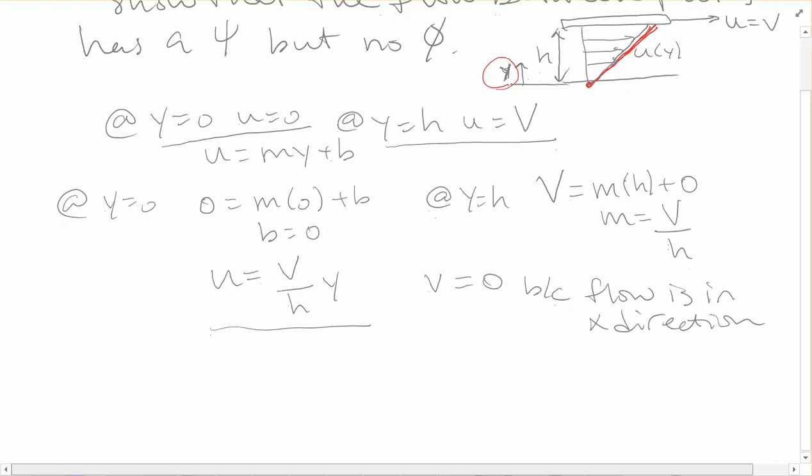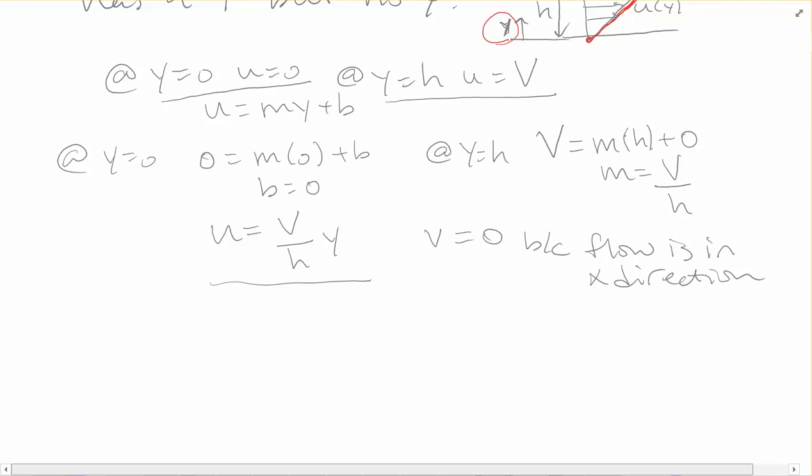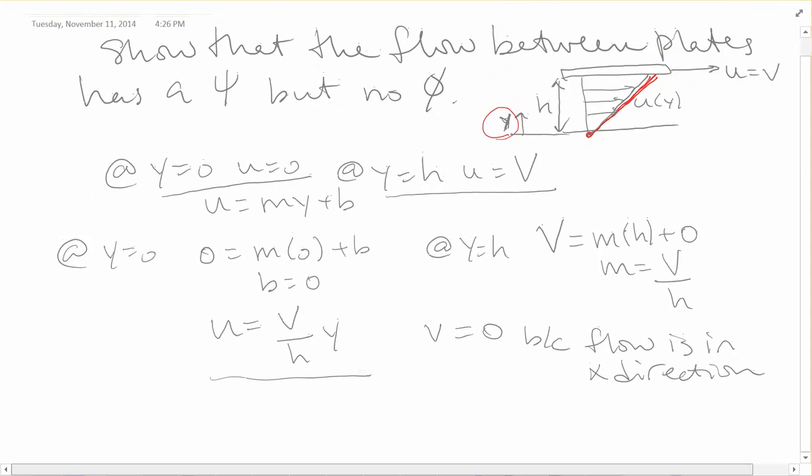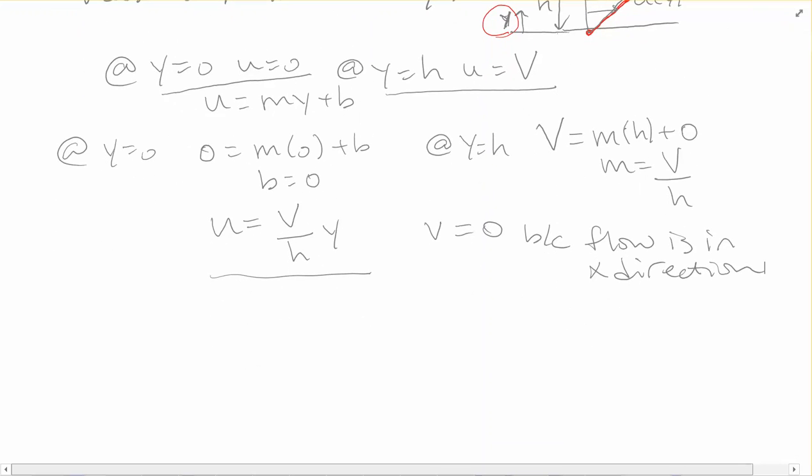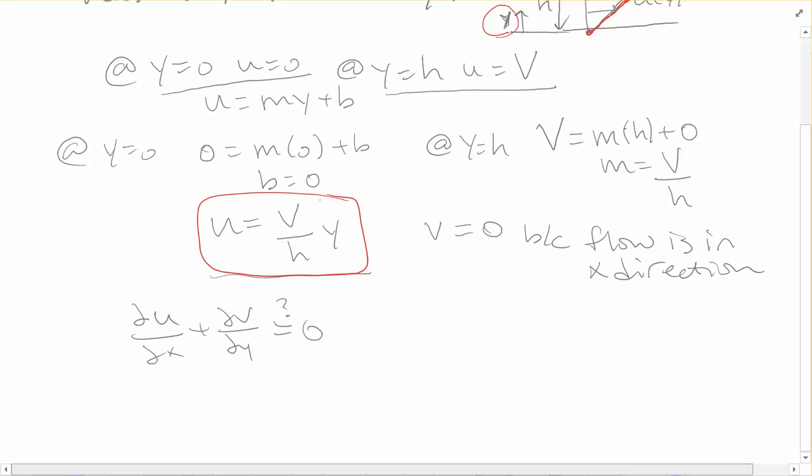Alright, so now we've got that. Now we can start looking at the stream function and velocity potential. First of all, we need to know if we satisfy the continuity equation. Let's check that. So the continuity equation, we have the partial of u with respect to x plus partial of v with respect to y. And we need to ask ourselves if that's equal to 0. The partial of u with respect to x, using this equation here, is going to be equal to 0.